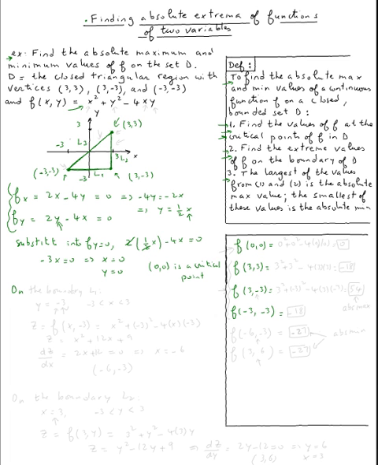So on the boundary L1, we need to know the equation of the boundary. On L1, y is equal to -3, and x is between -3 and 3. I'm not including the endpoints because I took care of those corner points here.